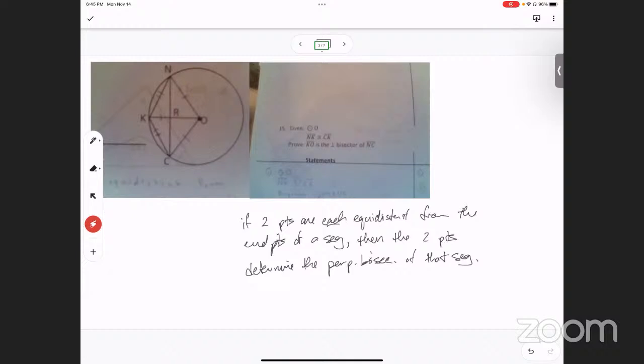So N is equidistant from those, those things are the same and these things are the same. That means that OK would be a perpendicular bisector.